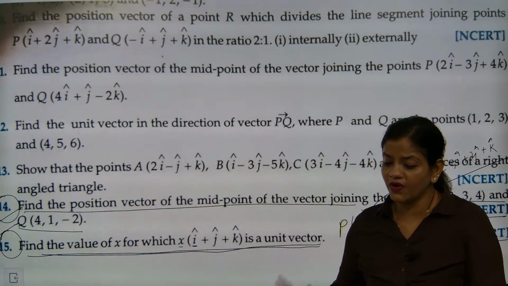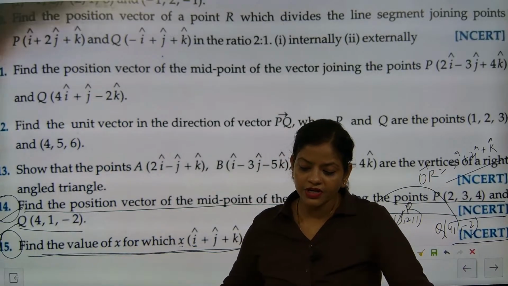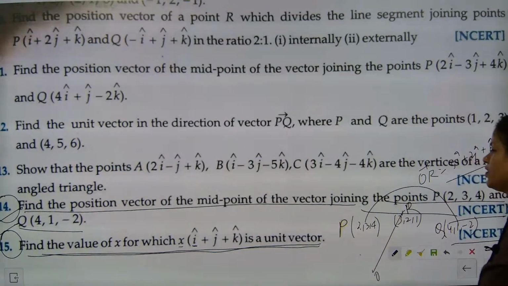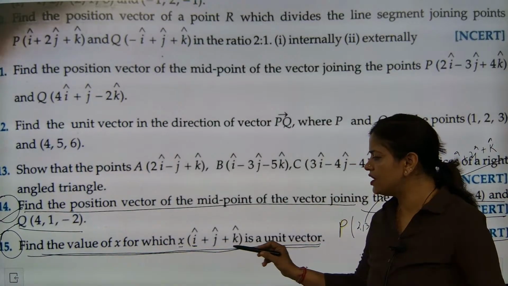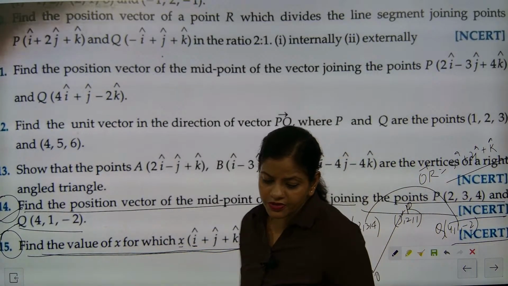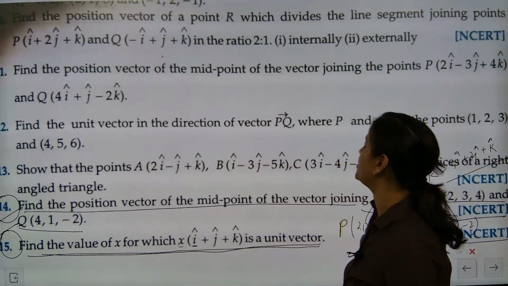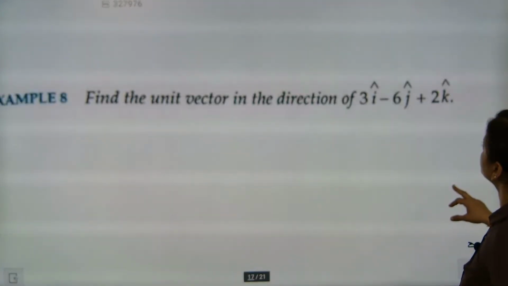The value is root under 1 by 3, so each equivalent direction component is 1 by root 3, 1 by root 3, 1 by root 3. So 100% it will come as 1 by root 3. Good, we are going to finish this set.